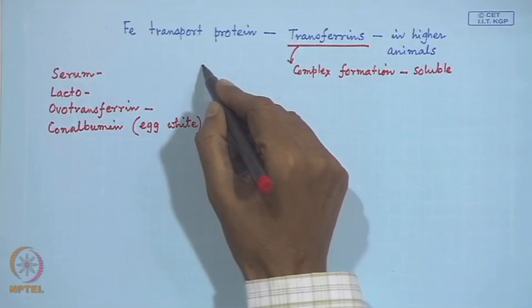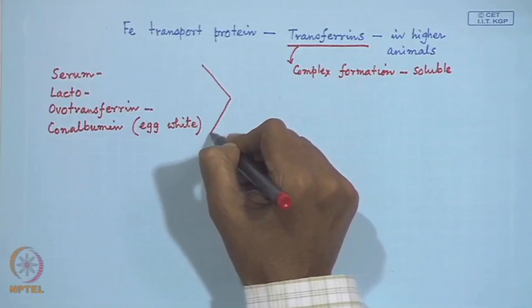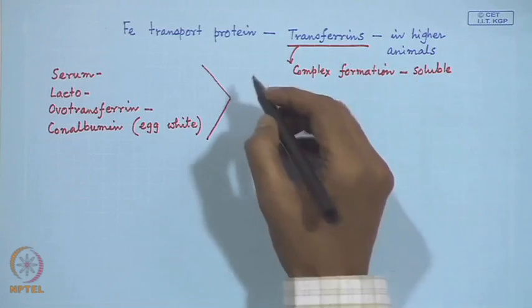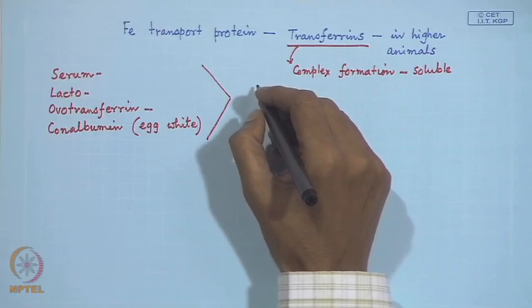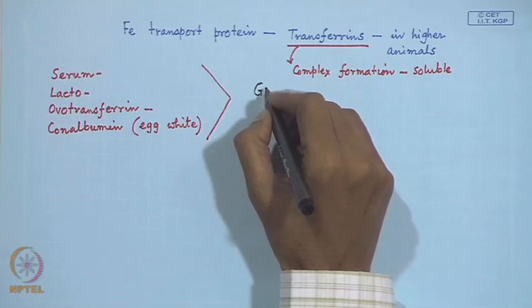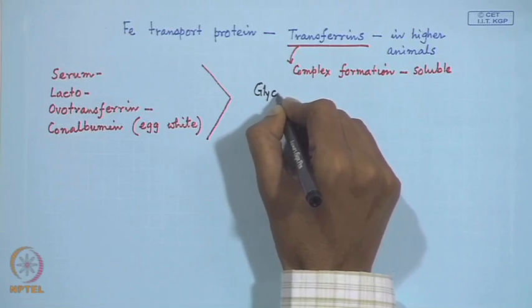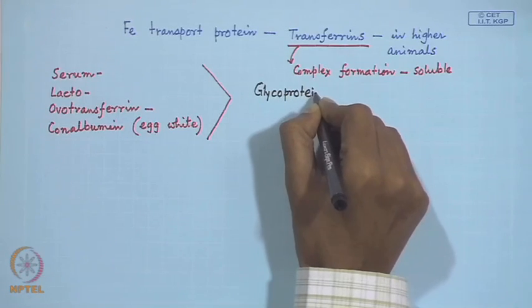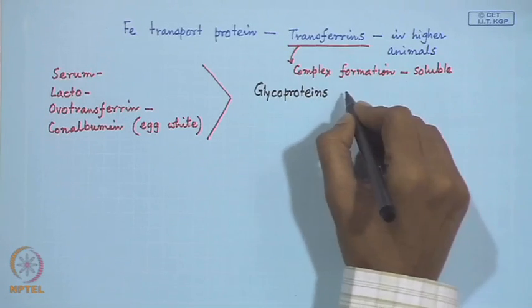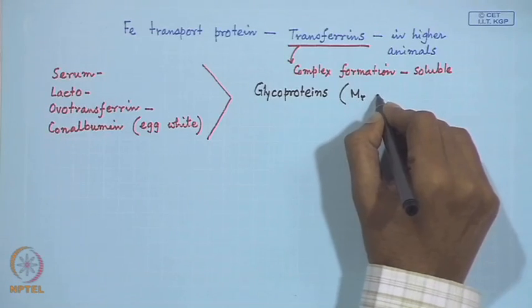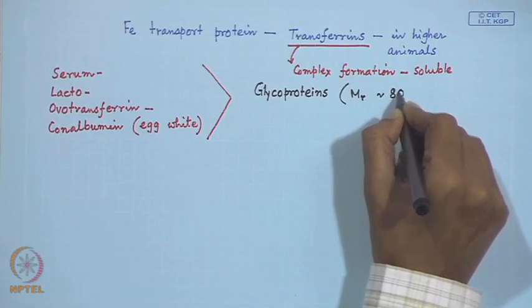So, all these transferrin molecules are basically monomeric in nature, and they are glycoproteins of molecular weight about 80 kilodalton.